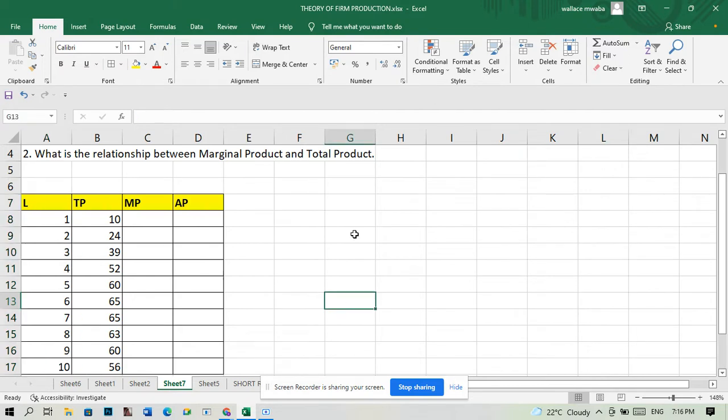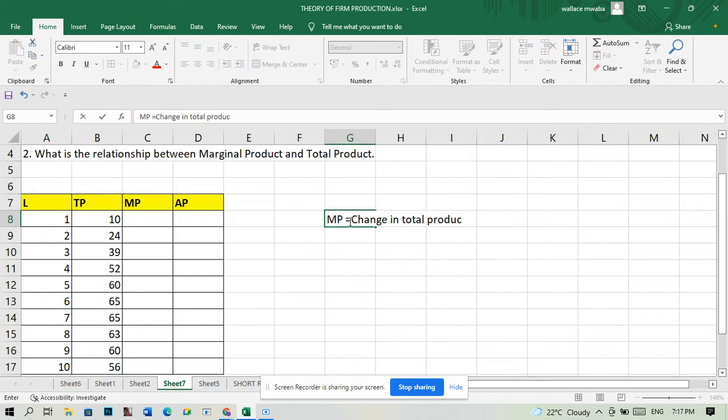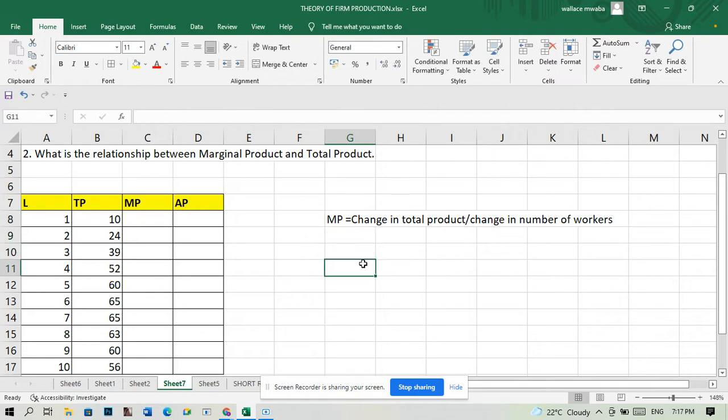The formula to get the marginal product is the change in total product over the change in the number of workers.